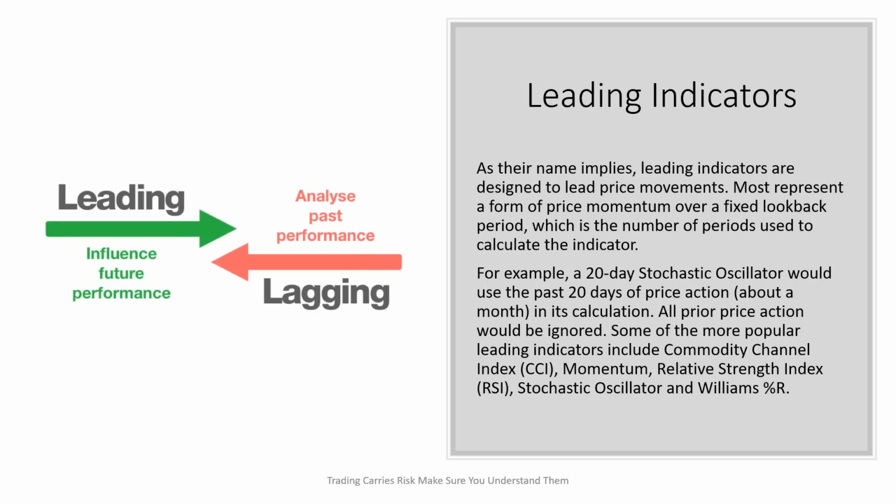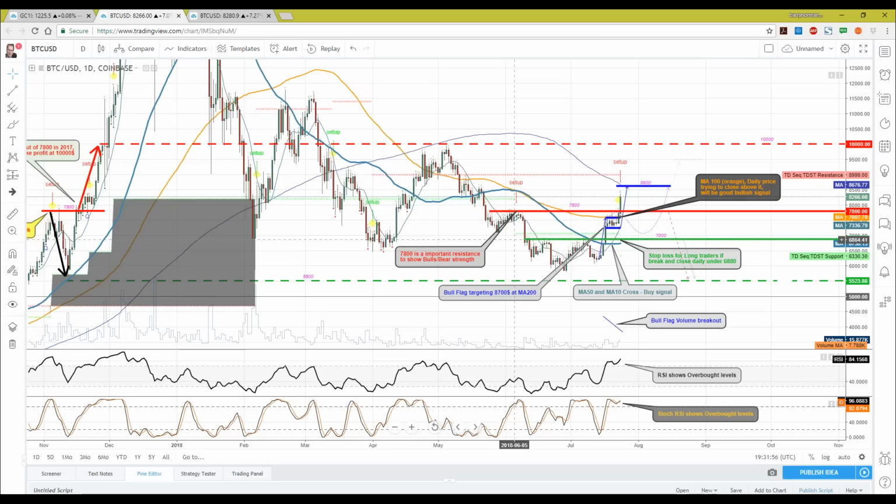So let me pop up some live charts here for you. Okay. Now, we can see on this chart there is so much stuff going on that it can be too much.